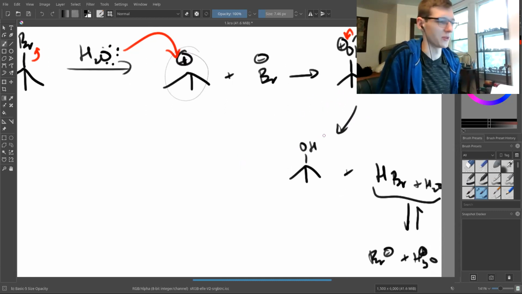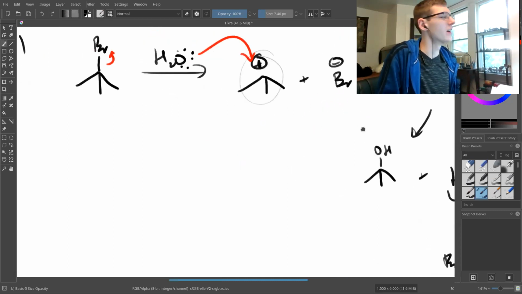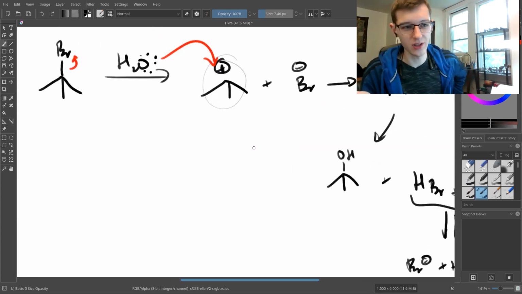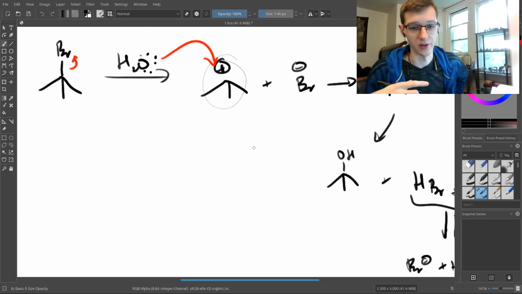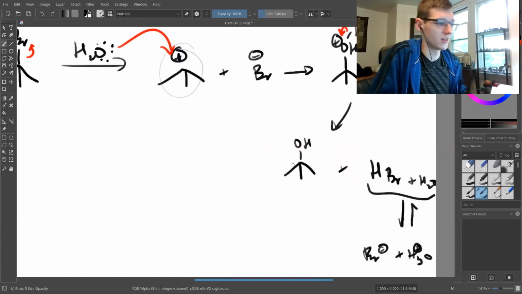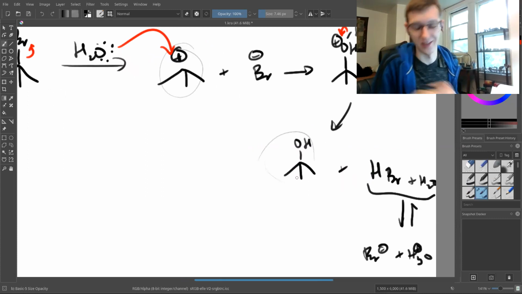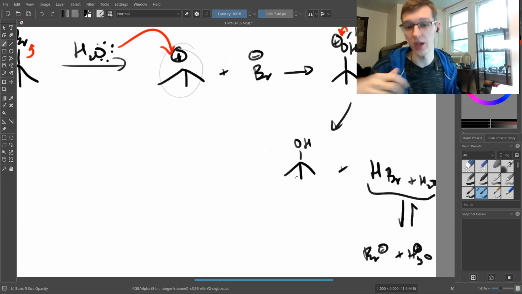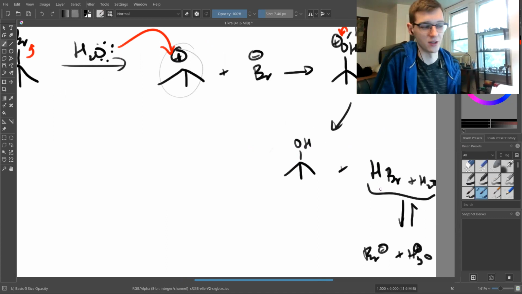Okay, so here we go. This is what this looks like. Every single one of these steps that I drew, I could very well do the reverse, right? There's no reason that this thing, which is an alcohol, can't be protonated, like we just mentioned, by this HBr that's just floating around.